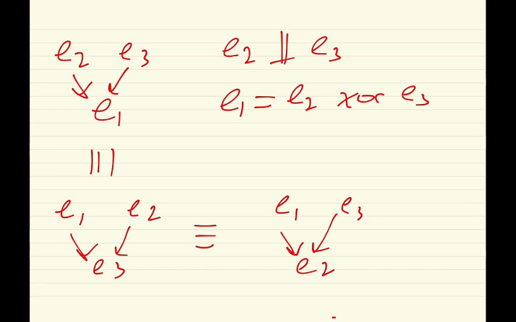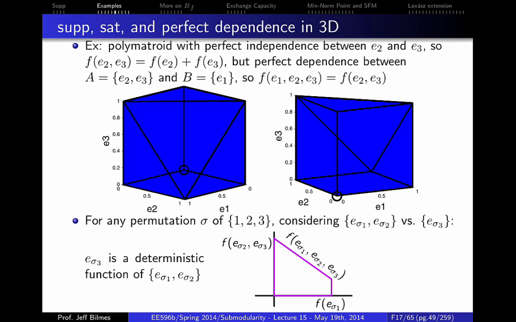So again, the other thing I wanted to show you was this. Let's use yellow again. If you go diagonal over here, then across here, and across there, and across there, we get essentially this polytope, remember? Where E1 is a deterministic function of E2 and E3.